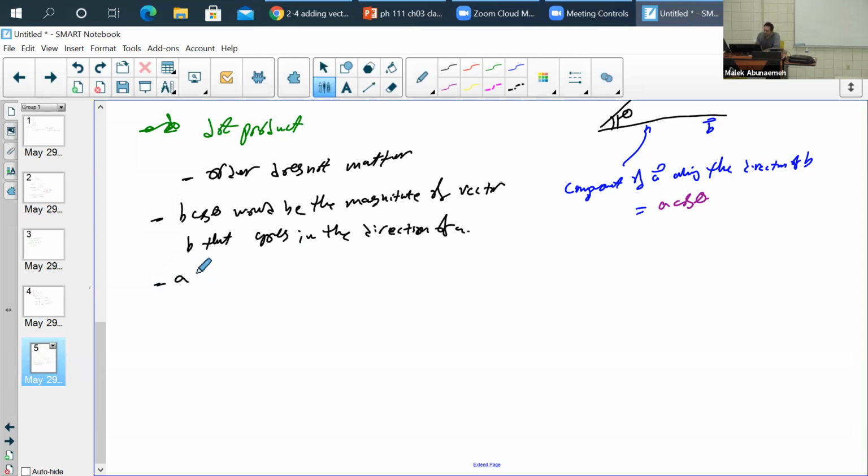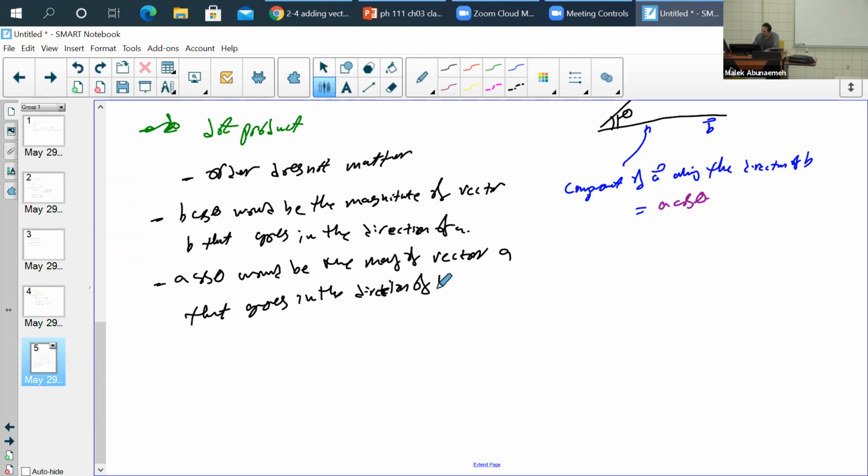Your A cosine theta would be the magnitude of vector A that goes in the direction of B. When you do that, you're going to end up with a number, and again, it's going to be a scalar. That's about the dot product.